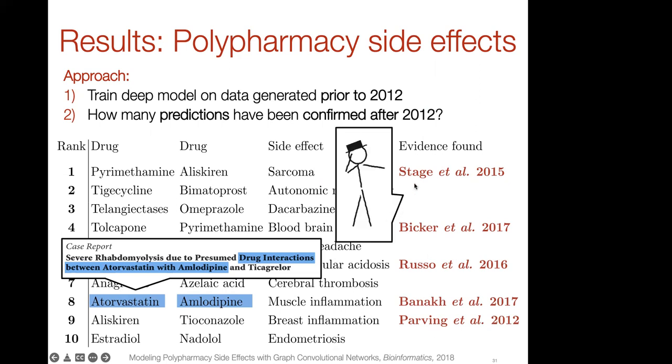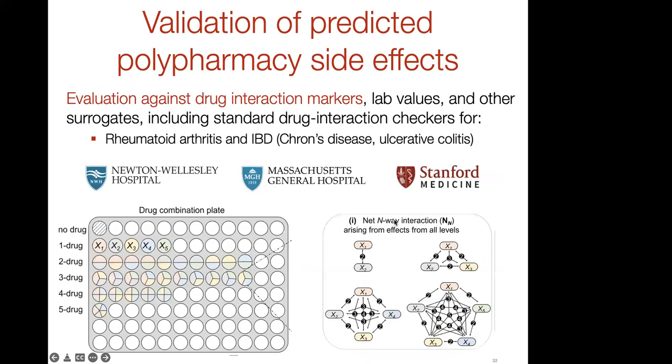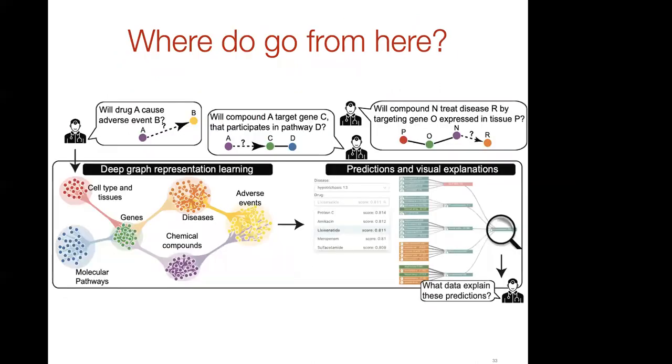It encouraged us to engage in follow-up evaluations of model predictions that we have now done with a couple of hospitals on the West Coast and also here on the East Coast with Massachusetts General, and collaboration also with Tianxi Cai, where we are evaluating predictions about these new polypharmacy side effects against standard drug interaction markers, lab values, other surrogates in EHR, focusing on drugs used to treat rheumatoid arthritis and IBD. And the results are promising, and we see that there are these novel side effects that the model can correctly prioritize. So where do we go from here?